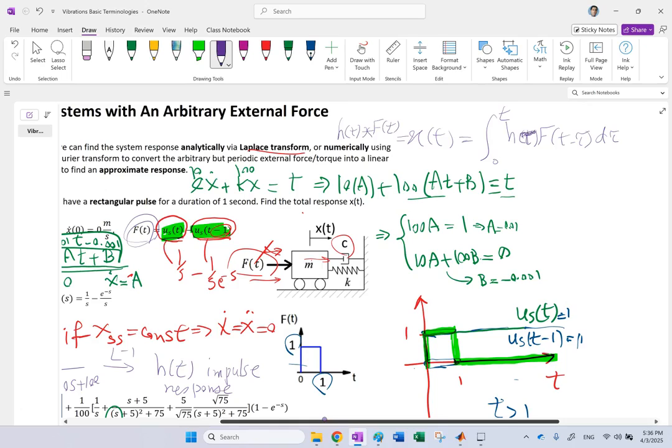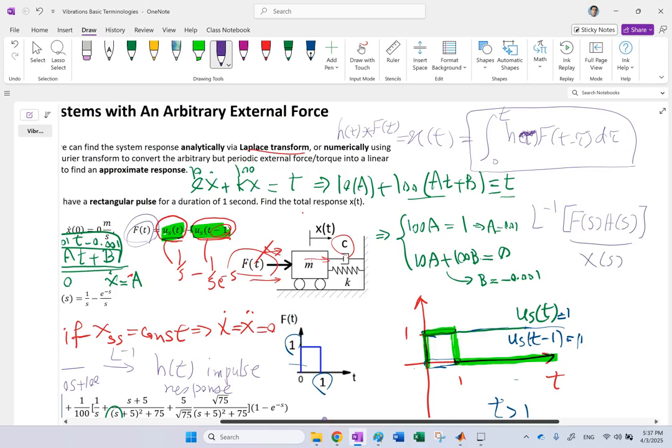But typically carrying this convolution, you need to be good at integration. But remember that the convolution is the same as saying Laplace inverse of f of s times h of s, which in this case is simply x of s.